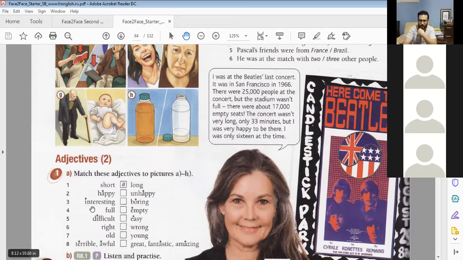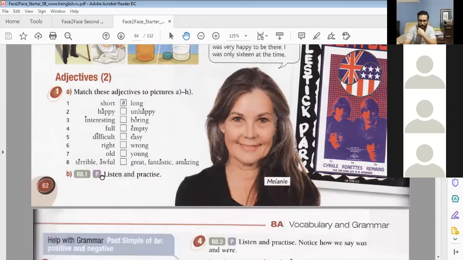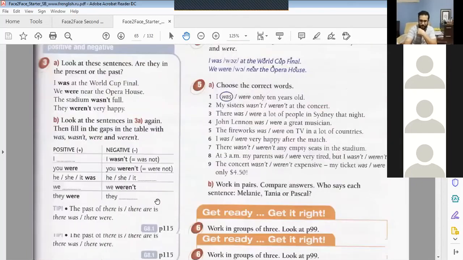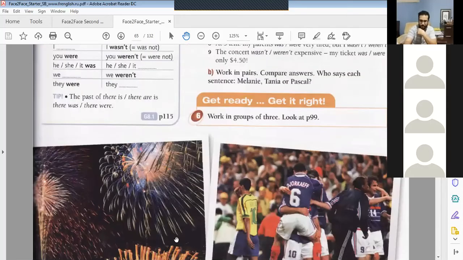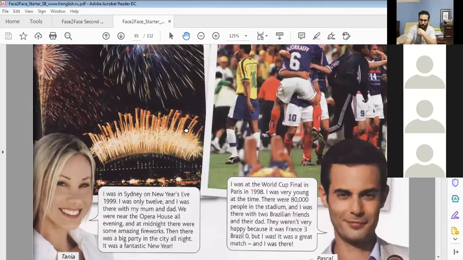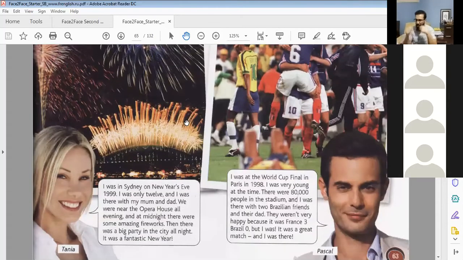Let's go to the next reading. Okay, I'll دقيقة وارجع لكم. One minute. You can read and I'll come back and we'll do the questions.